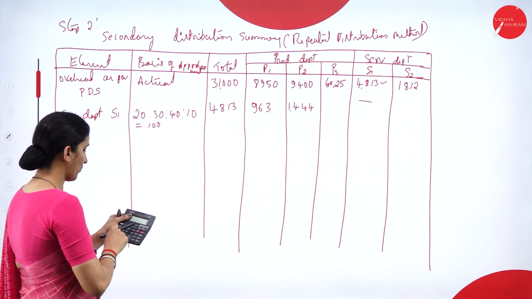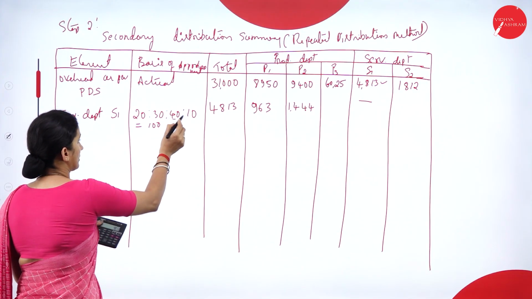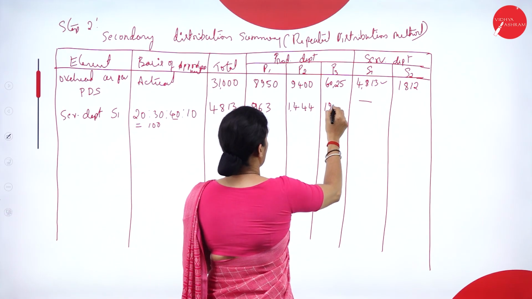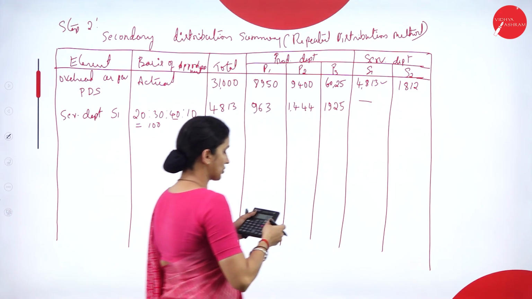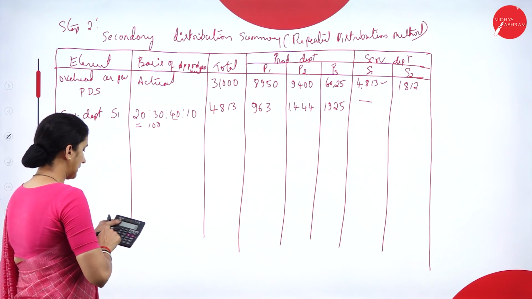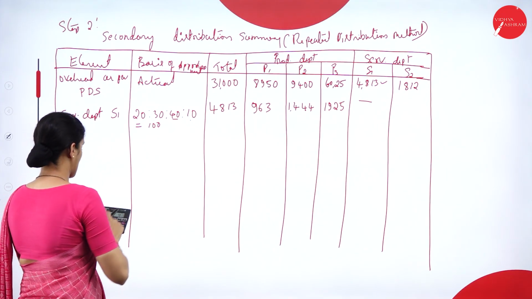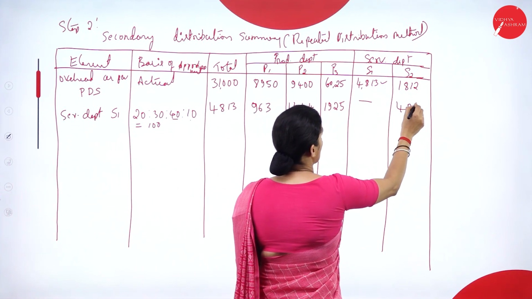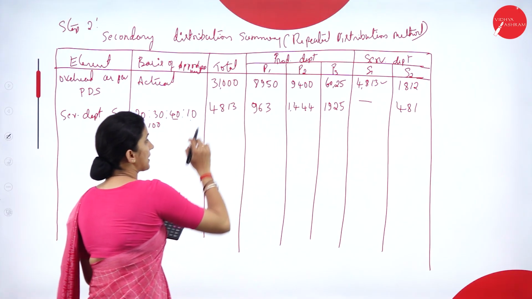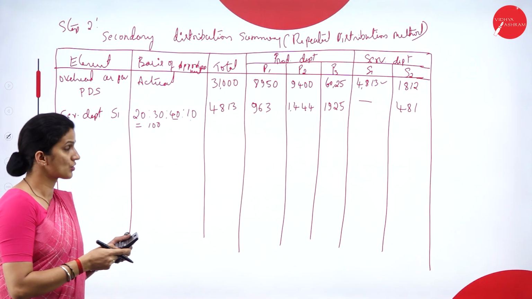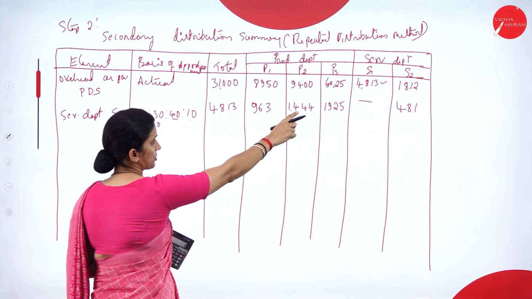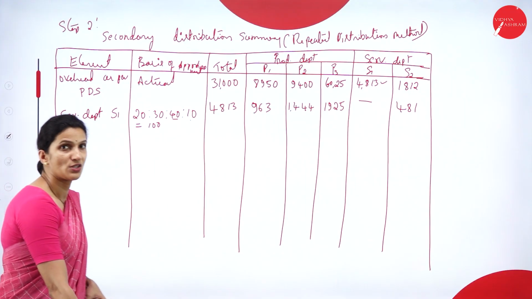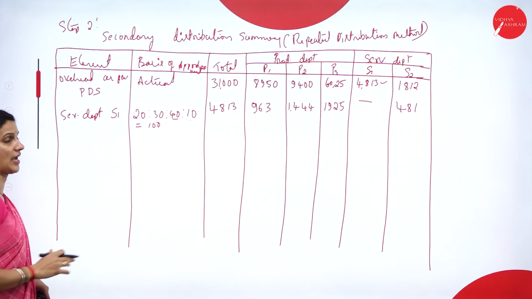Then for P3, it is 4,813 into 40 divided by 100, it is 1,925. Then for S2, 4,813 into 10 divided by 100 is 481. All this total should be equal to 4,813. So 963 plus 1,444 plus 1,925 plus 481, the total should be 4,813. Now for one service department S1, we have done the allocation.